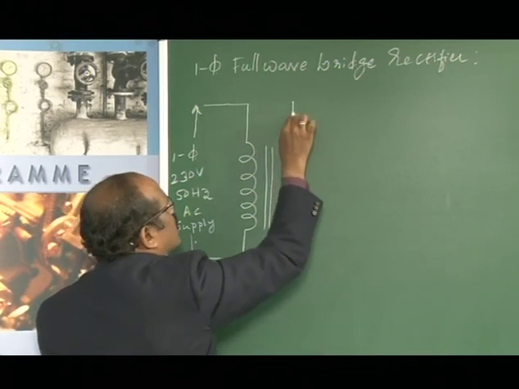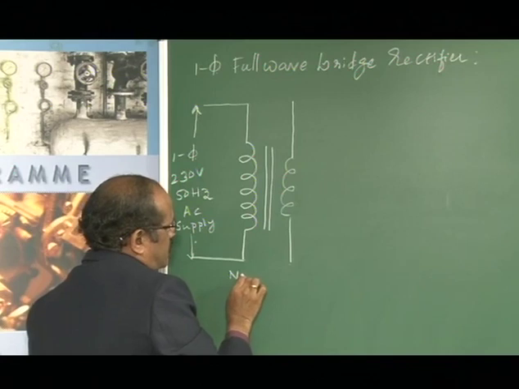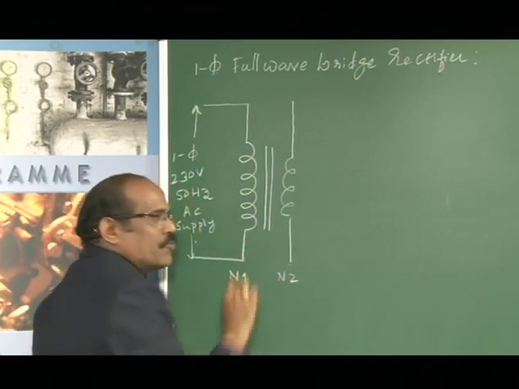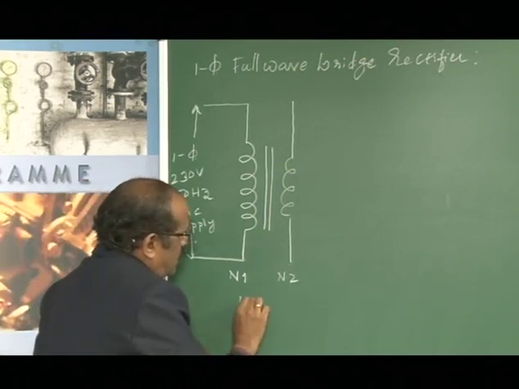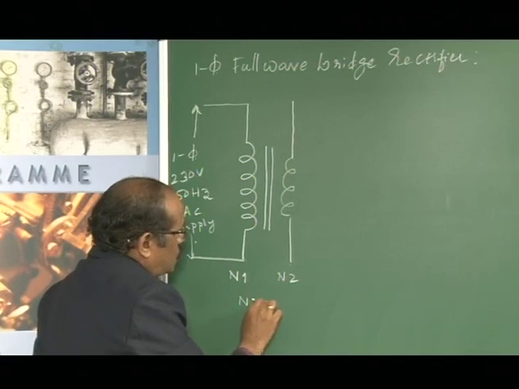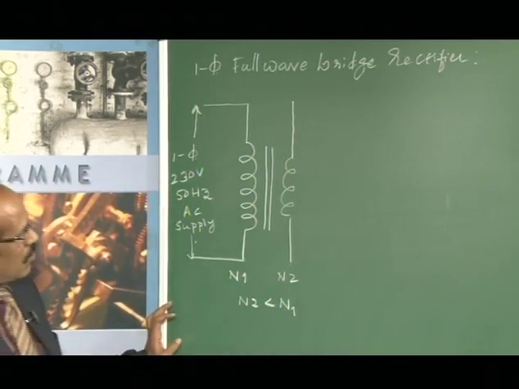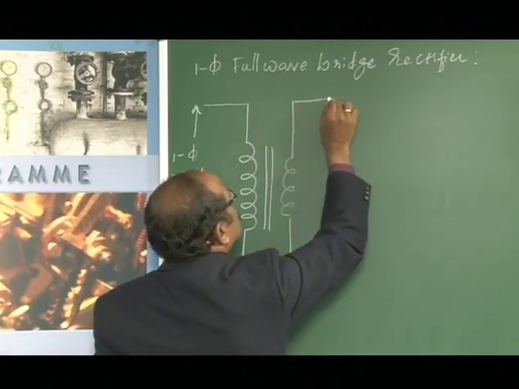Please note that this is the secondary voltage. N1 represents the number of turns on the primary, and N2 represents the number of turns on the secondary, and always for a step down transformer N2 will be less than N1, that is, the number of turns on the secondary will be less than the primary.